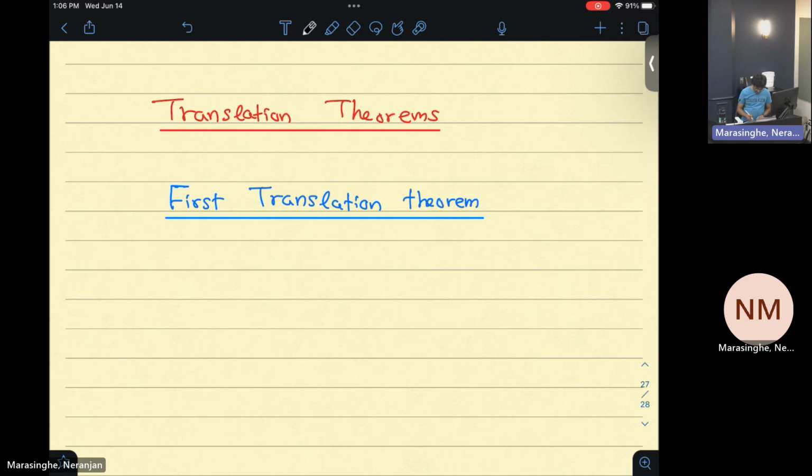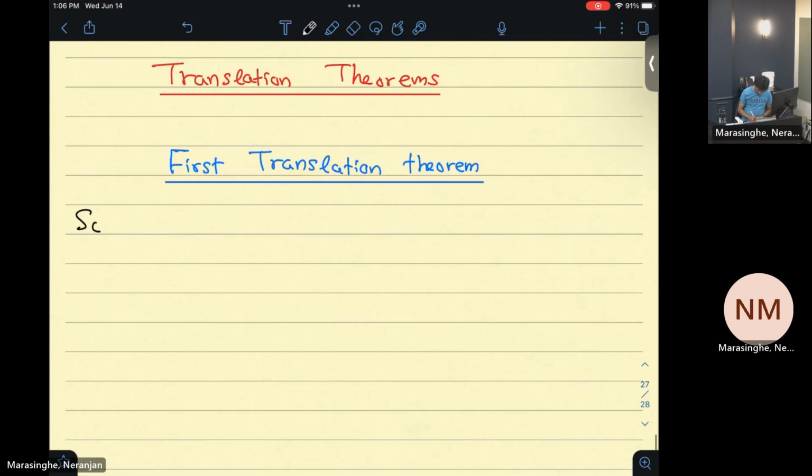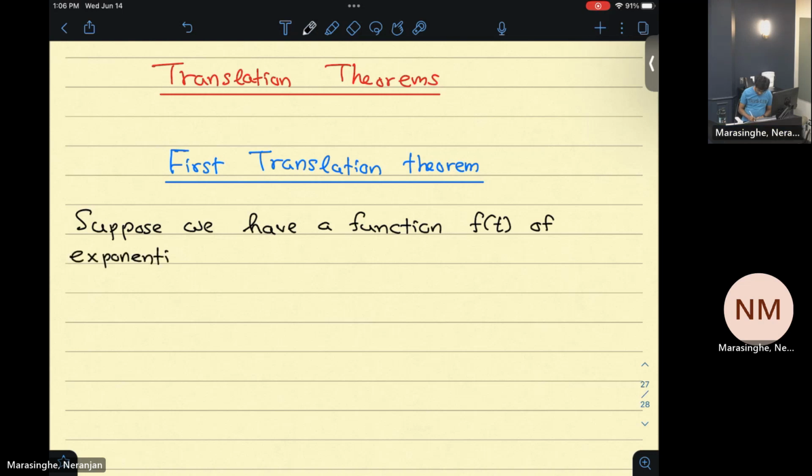So suppose we have a function f(t) of exponential order, defined on 0 to infinity.